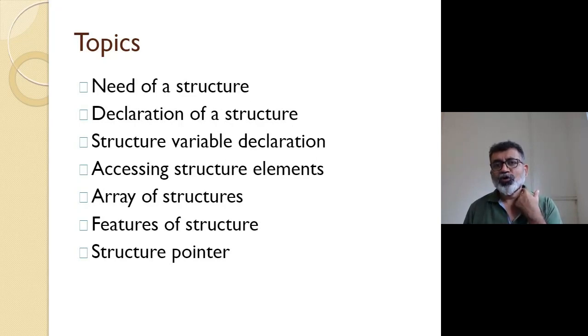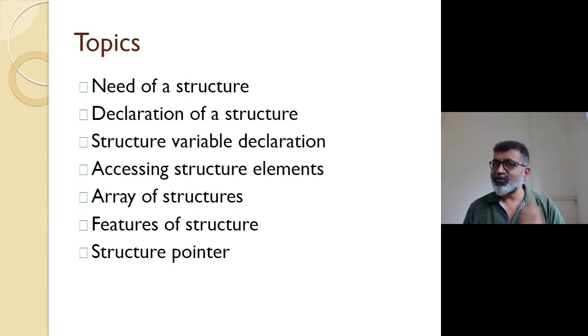If you want to store, suppose, marks as well as roll number in integer variables, you never thought of declaring an array. Why? Because the data type is the same, but the nature is different. One is marks, another is roll number, third is, suppose, age, right?